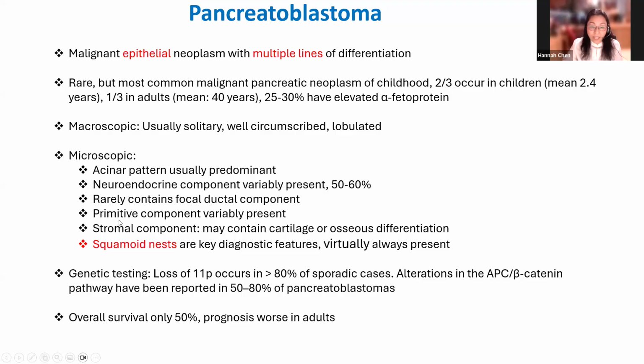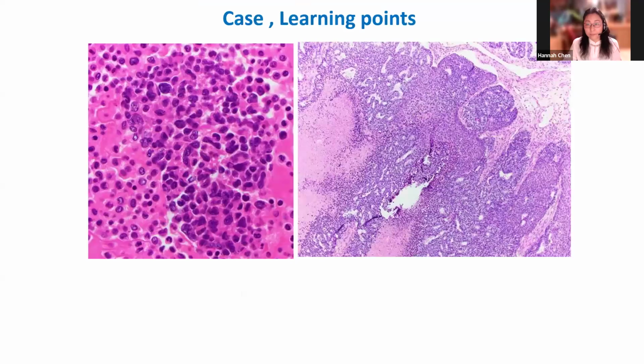But above that, squamous nests are the key diagnostic feature. It is required for diagnosing pancreatoblastoma. Genetically it involves loss of chromosome 11p and also the APC beta-catenin pathway. The survival rate is about 50%. Prognosis is worse in adults.